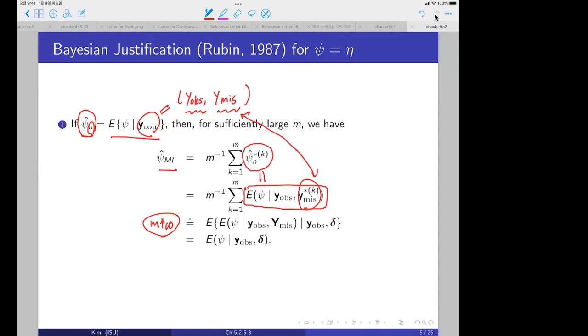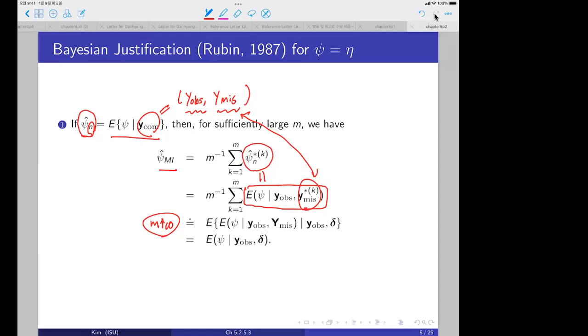This is just a function of y, and you are taking a sample mean, which goes to the population mean with respect to the imputation mechanism. This is the property of conditional expectation: the conditional expectation, the marginal expectation, and the joint.